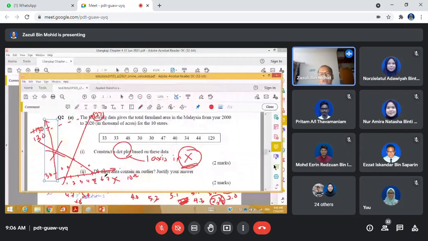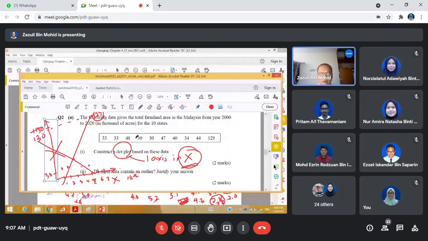Justify your answer. You have a value totally different here, 129. From this chapter, when we only talk about the dot plot, we can only say that there is an outlier because the value is totally different from the others. We can just say the reason like that.